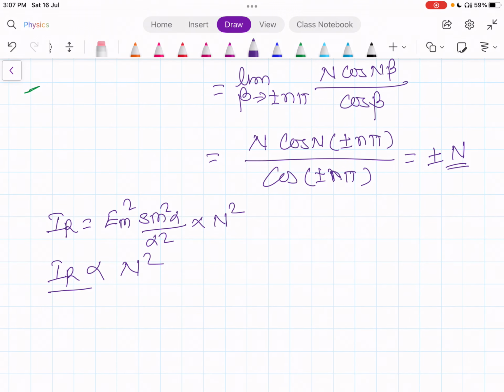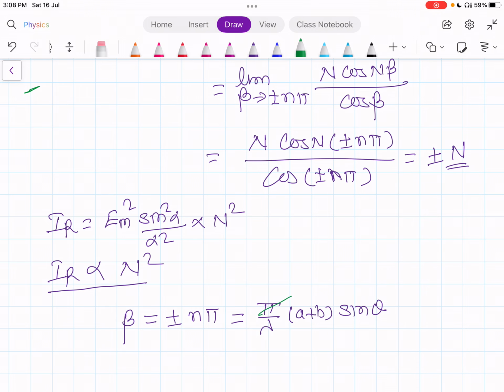Now to get this intensity maximum, we assume that this beta should be equal to plus minus n pi. But you know the beta. We assume beta is equal to pi by lambda times a plus b sine theta.